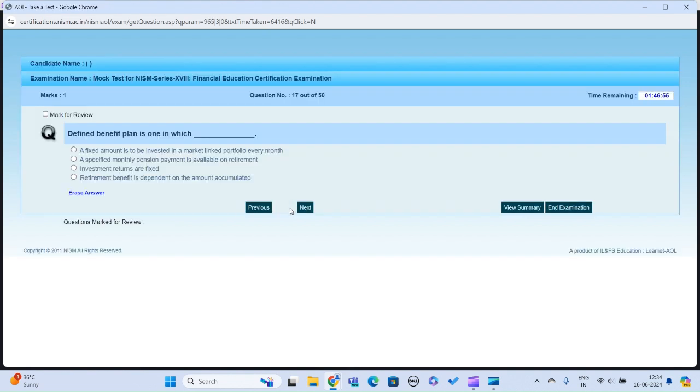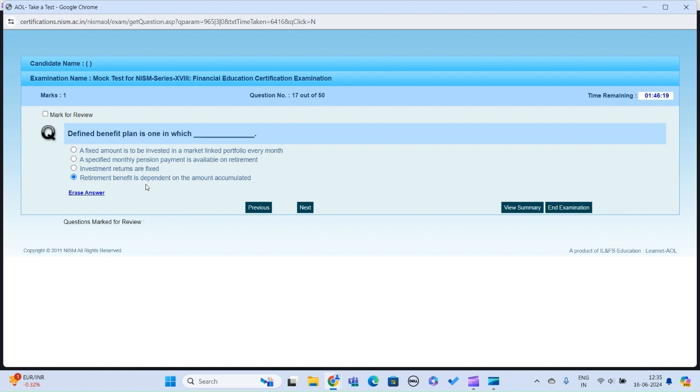Okay, next one. Defined benefit plan is one in which, this is also a tricky one. A fixed amount invested in the market, linked benefit plan is not specified, monthly pension available, investment return fixed, or retirement benefits depend on the amount accumulated. So for retirement, I will go for this: retirement benefits are dependent on the amount accumulated.